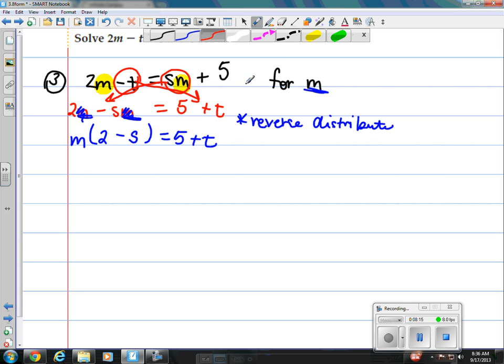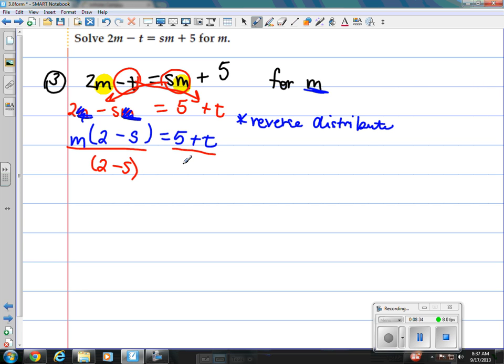Now, we're still asking ourselves, what are we solving for? We're solving for m. So if m is right beside the parenthesis 2 minus s, that means they're being multiplied. So I need to divide both sides by what I don't want. And I don't want my parenthesis anymore. So 2 minus s, 2 minus s.